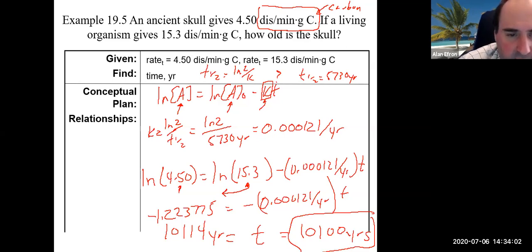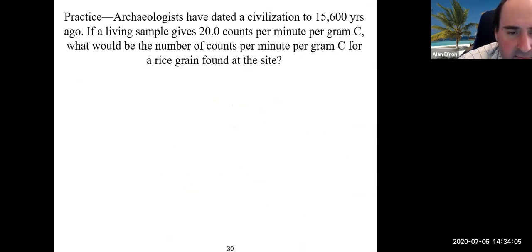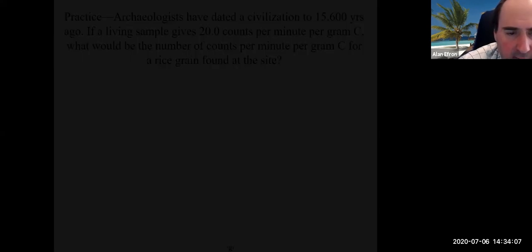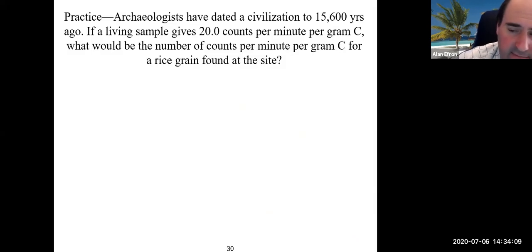All right, so why don't you try one yourself? So we have a civilization about 15,600 years ago. If a living sample of rice gives 20 counts per minute per gram of carbon, what is the counts per minute per gram of carbon if you found a piece of rice on that site?